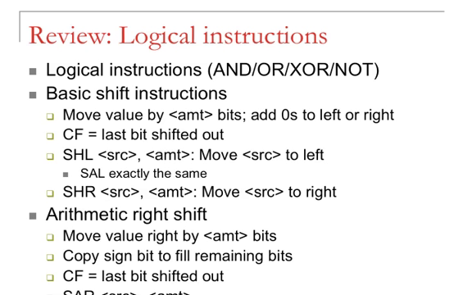The next set of instructions, the basic shift instructions, will move the value by a certain number of bits, adding zeros to the left or to the right. That's the basic shift. CF, the carry flag, will hold the last bit shifted out, whether it's shifted from the left or from the right.